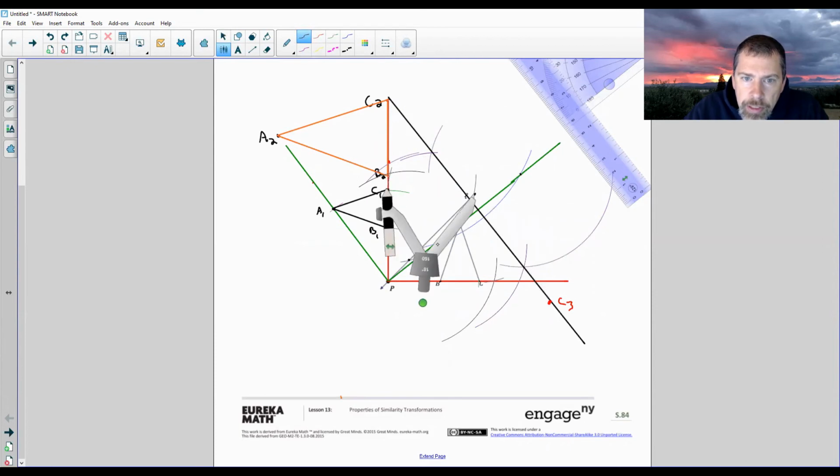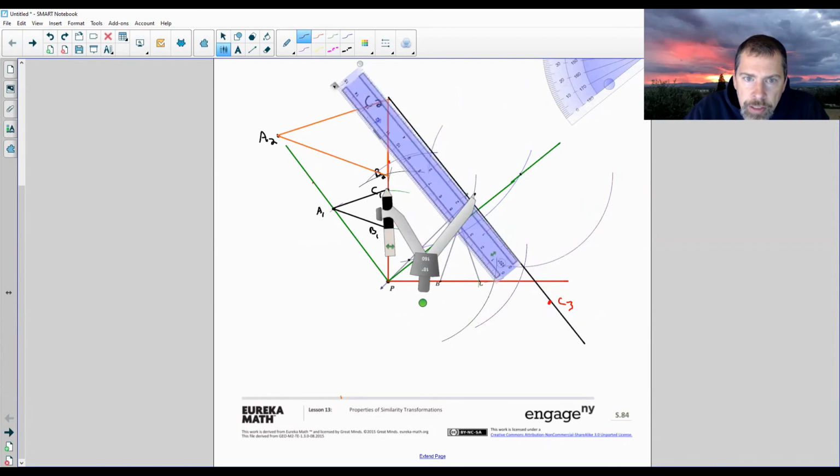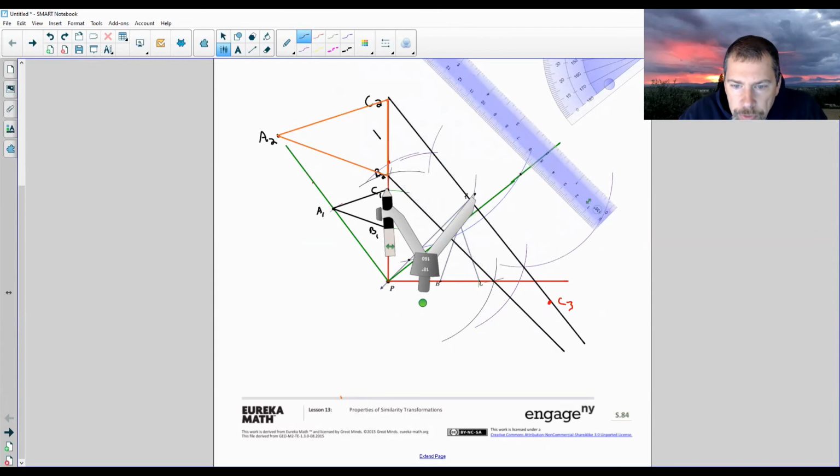It's actually the point B. And then I bring my ruler down and draw a segment from B2 down beyond like so. And this is where B3 is going to be, B sub 3. Now C sub 3 is not in the right location. I made a mistake, I will fix that. So let me go back. Let me get rid of all these arcs.